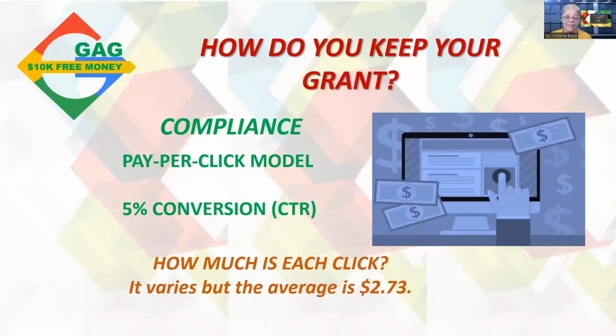You can create as many ad campaigns as you want, but you want them to be effective and valuable. How much is each click through? It varies, but the average is about $2.73. So that means you need to have about 100, just a little over 100 per day.